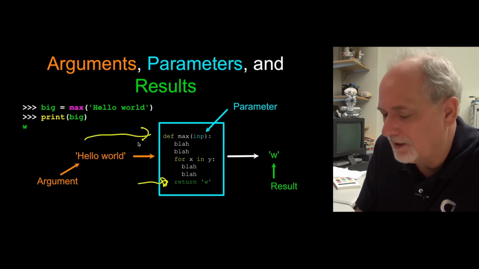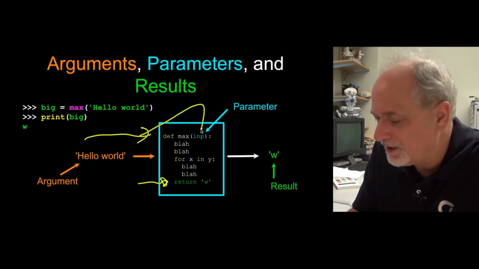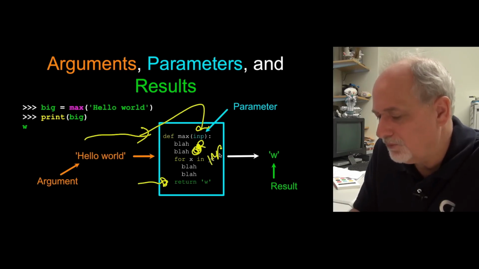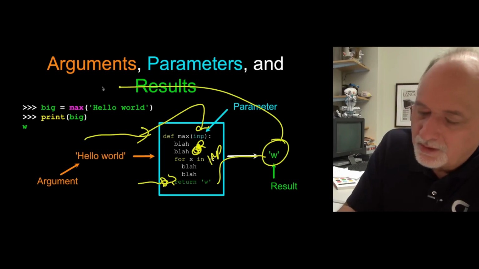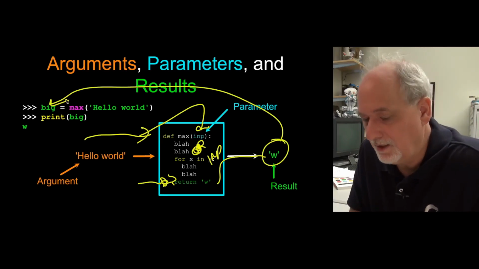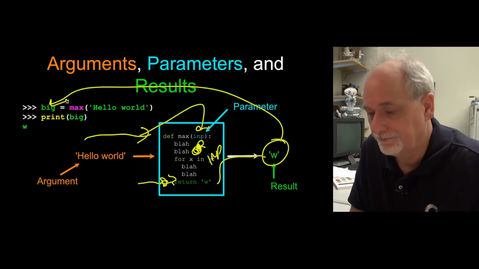So we pass in as argument hello world. It comes in as a parameter, and it's going to loop over and over into imp, and then at some point it's going to figure something out and tell us what it wants to send back to us in a return statement, and so the w comes back and gets assigned into big.